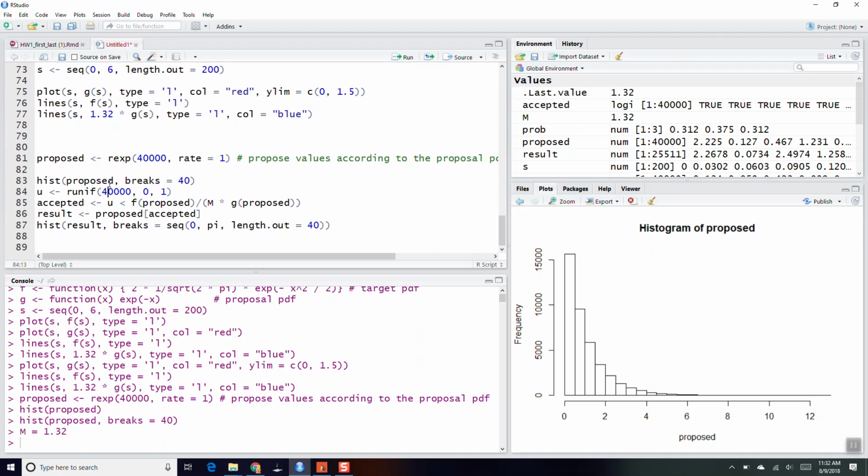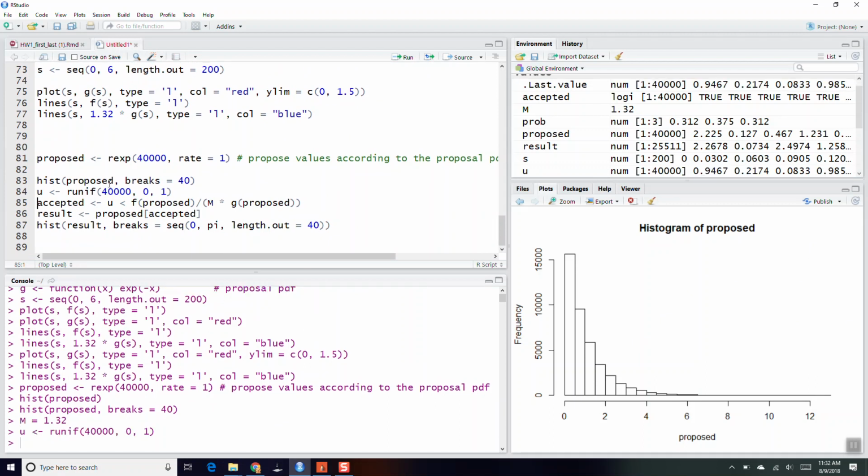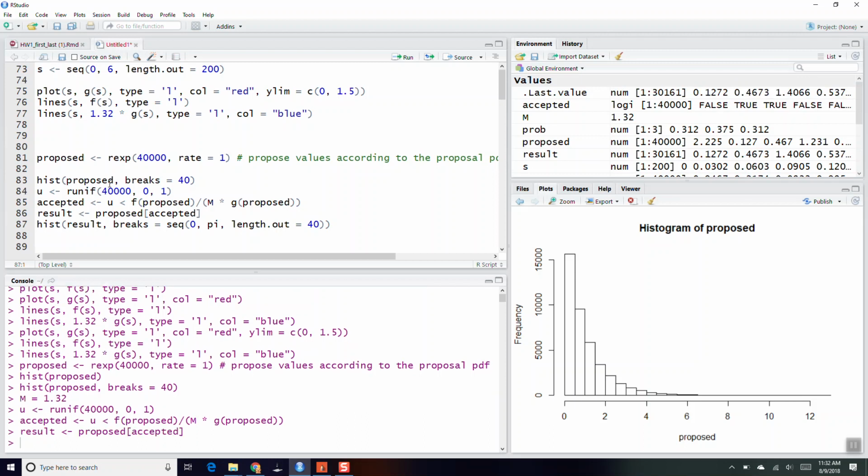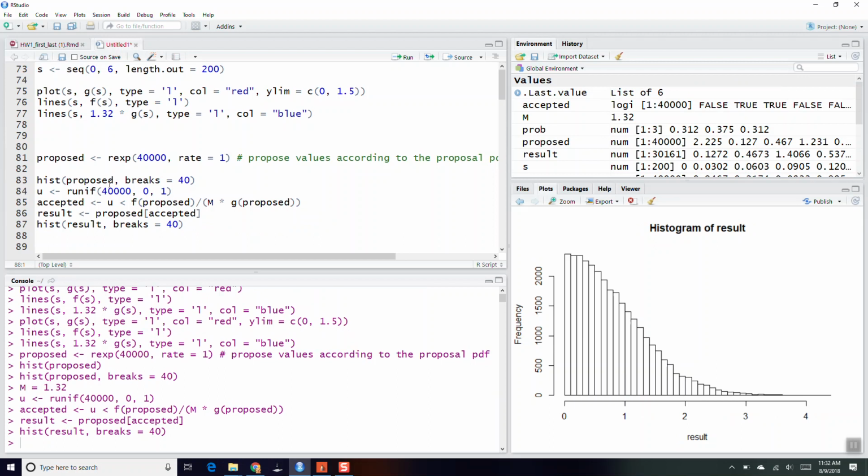I'm going to propose a bunch of random numbers. Okay, then we'll see if we accept them, yes or no, and then we'll subset, and let's just see what this looks like. That looks like half the normal distribution. Okay.